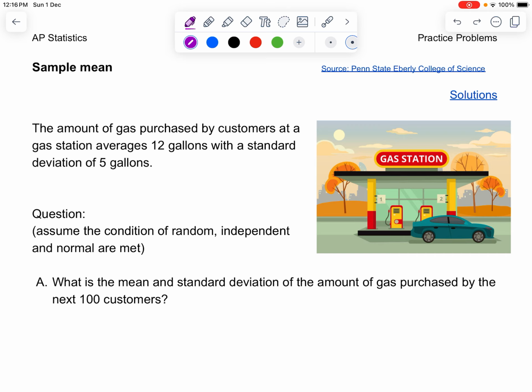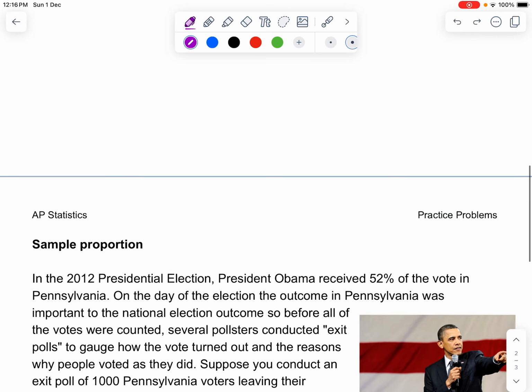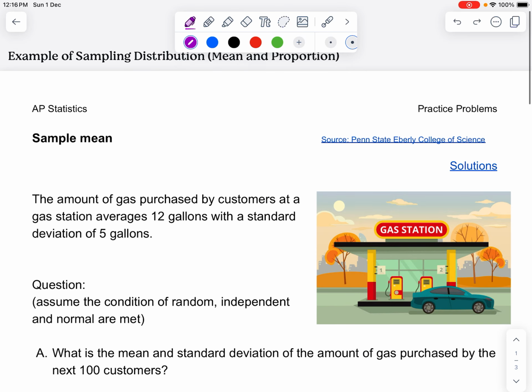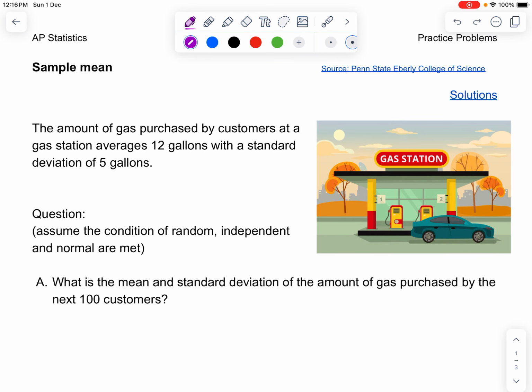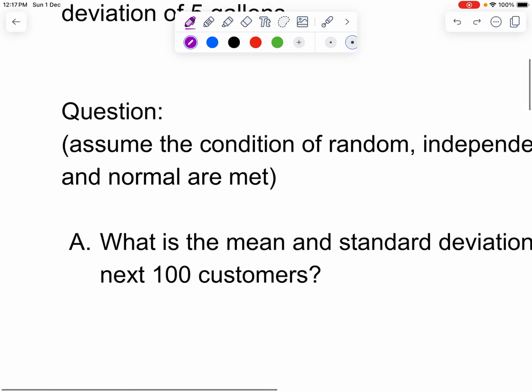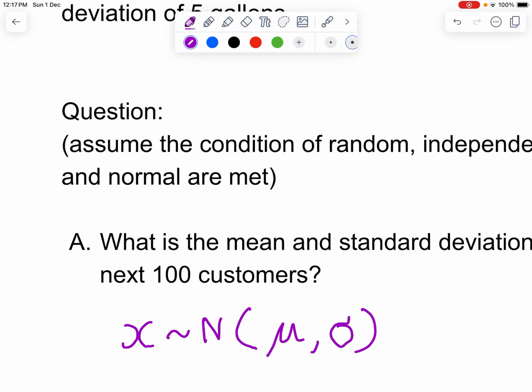In sampling distribution, there's sample mean and there's sample proportion. So let's first take a look at sample mean. Before we get started, let's first take a look at the formulas that you need to know. Let's say I have a regular normal distribution with mean and standard deviation.